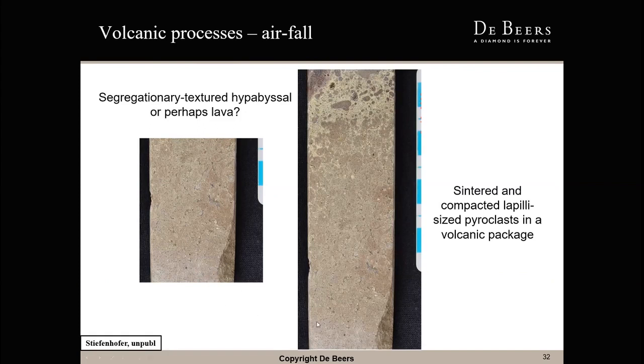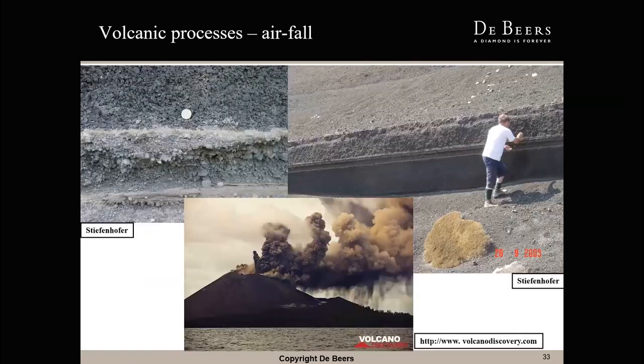So what you were looking at initially was the bottom part of this unit. As you move upwards, you can start seeing the individual pyroclasts with the ash in between. So very, very important to always refer to the geology adjacent to a sample that you collect in order to get the full picture.